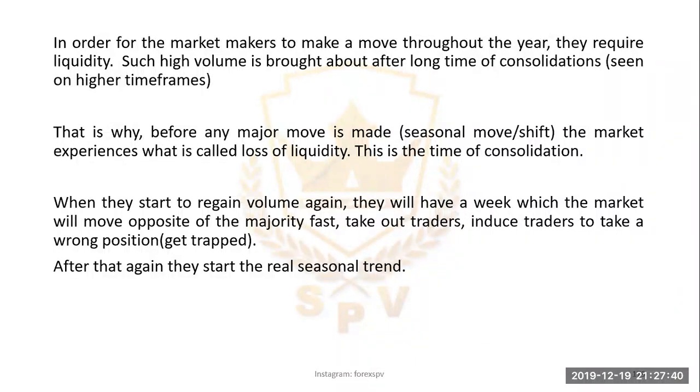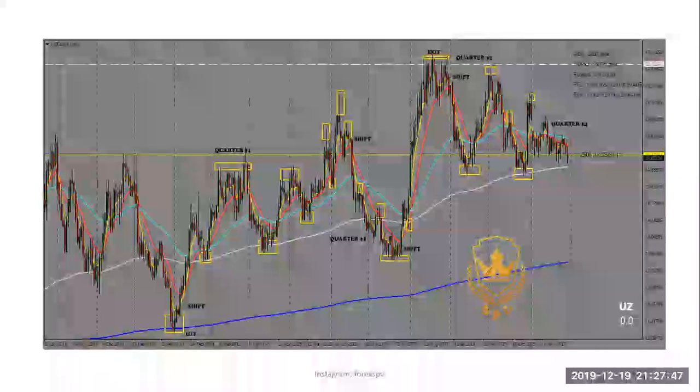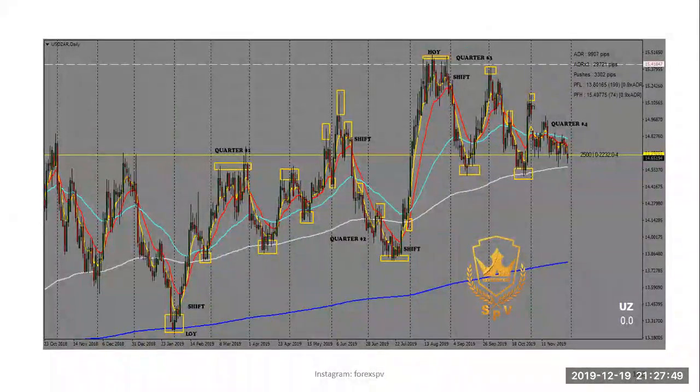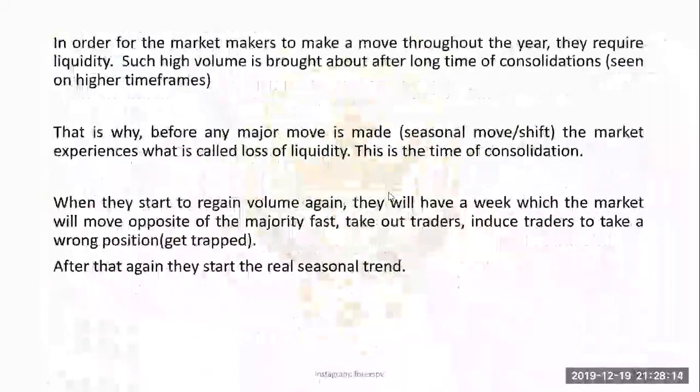This is why before any major seasonal move is made, before any market shift is made, for example, there was a shift here, there was a shift here, we see some weeks of consolidation. So this is several days where the dealer has consolidated. So before the dealer moves, he needs to trap this liquidity and then have this seasonal shift.